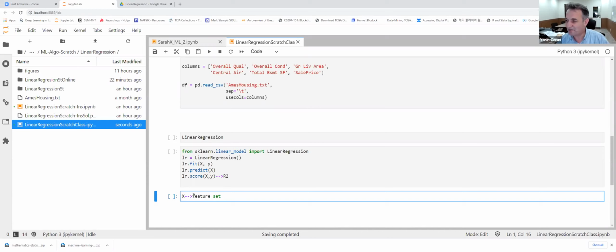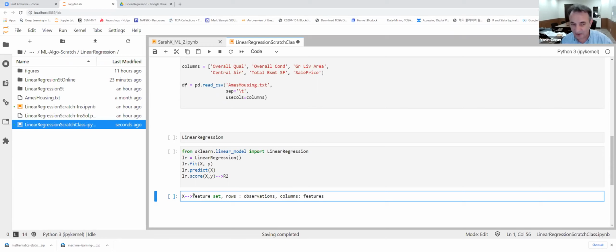Depending on how you define X, you're going to write the code. Let me say X is made up of rows of observations. Each row is an observation. It can be a person; in our data set, it's a house. And columns will be features.